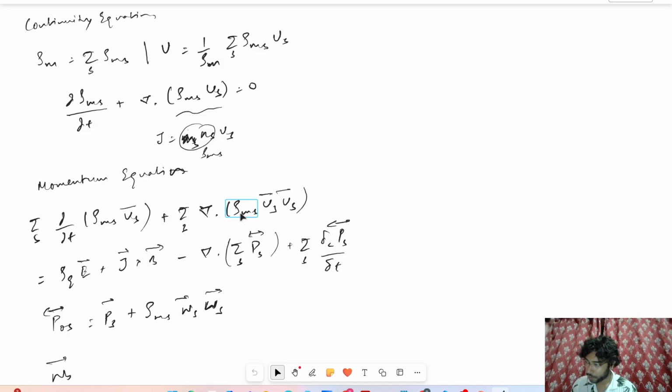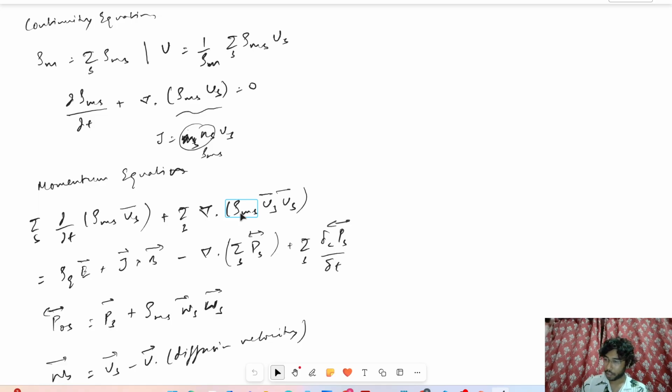W_s is u_s minus u and is called the diffusion velocity. As I said, u_s is the velocity of each species, and u is the mean velocity of the fluid.